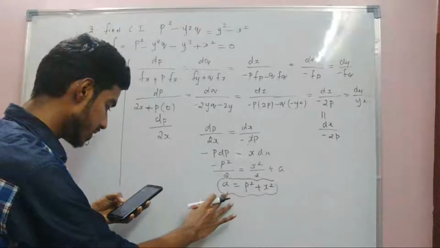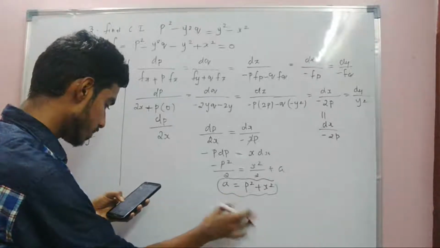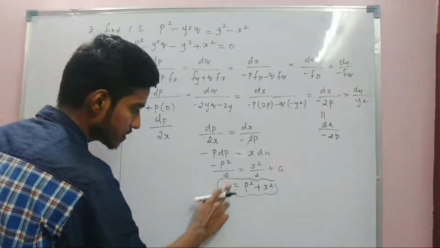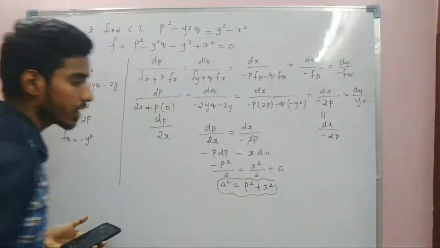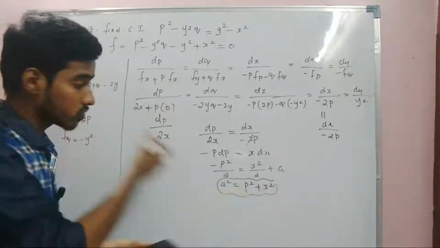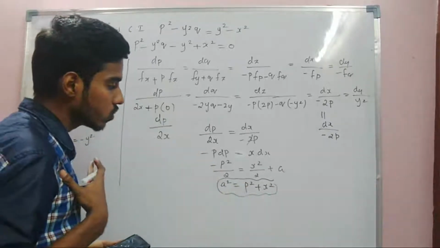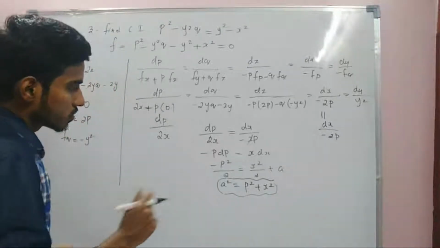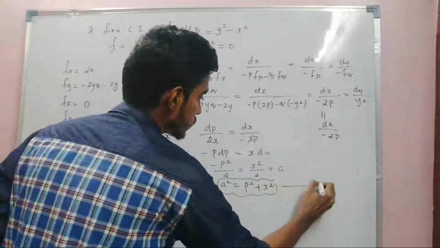So our a will be p square plus x square. Just for simplicity, I'm going to write this as a square, so that the problem will be easier, because a is a constant. So I'm writing a square equal to p square plus x square. Now mark this equation as 2.